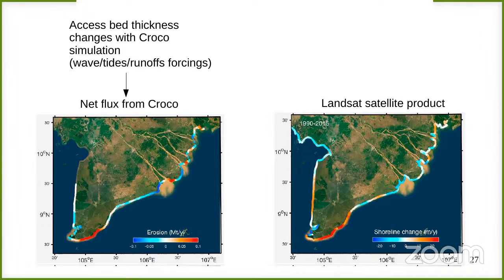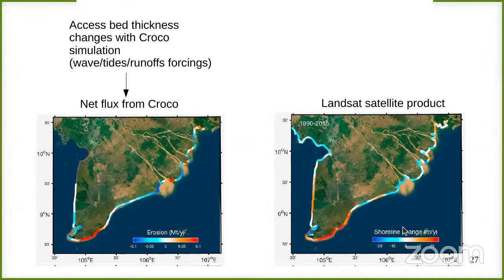It is explained in the paper from Patrick Marchesiello that we have a displacement of the peninsula southward in this direction. I'll show you in the next slide, but in this one we have a comparison with the Landsat product.